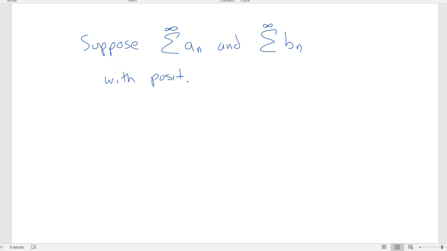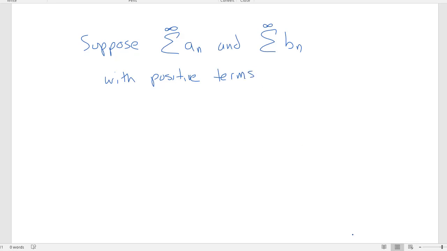Okay, so our comparison test says something like this. It says, suppose that we have two series. One will denote as a sub n, and the other will denote as b sub n. So we have some infinite series here. So let's suppose these are two series with positive terms. And the reason we want these series to have positive terms is so that we can show these inequalities are true.